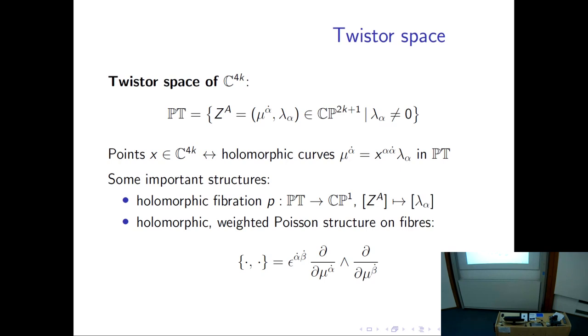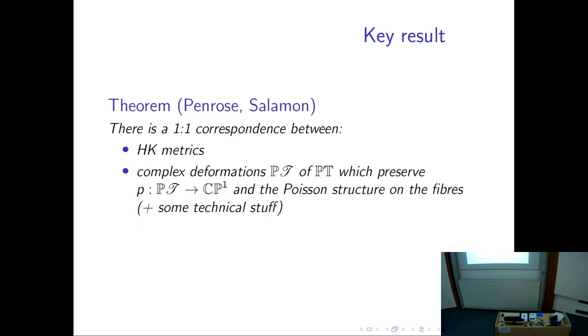Okay. So then the key result is an old one that was first proved by Penrose in the k equal 1 case, and then generalized by Simon Salomon in the k greater than 1 case, which says that there's a 1-to-1 correspondence between hyperkähler metrics and complex deformations of this flat twistor space.